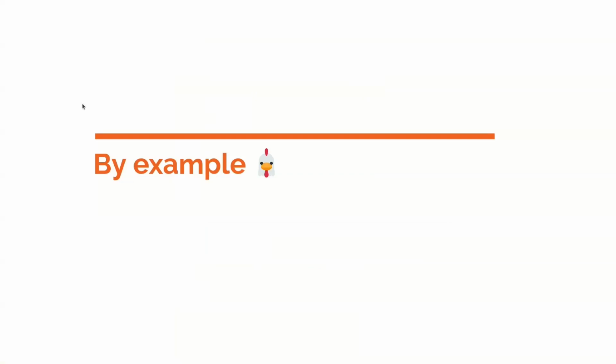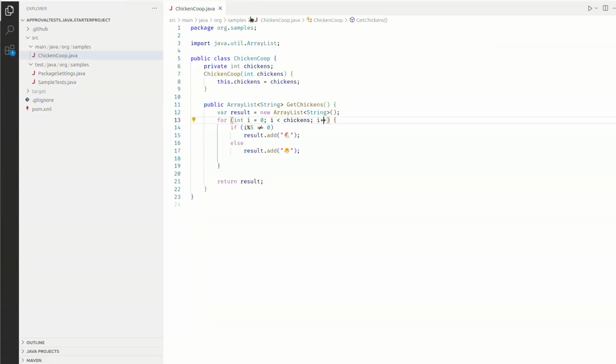And now I'm going to show a short example of approval testing using Java with a Maven project that I have created here. So the test case example that I will be showing is this chicken coop class, which has just a single variable, chickens, that determines how many chickens are in the coop.